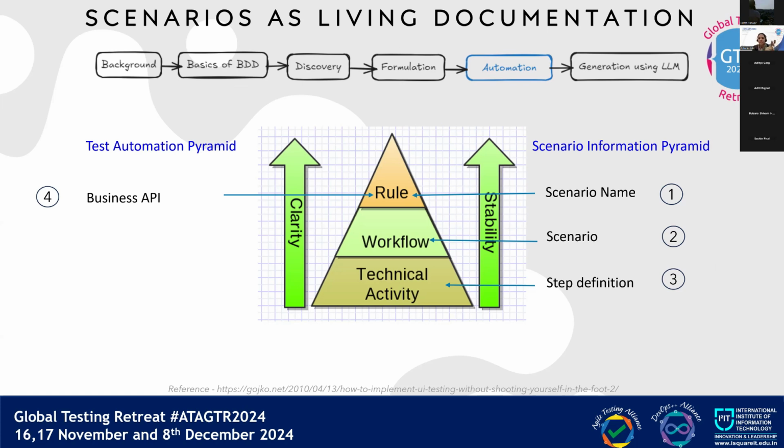You call it DSL or business API or keywords or keyword-driven approach or your action classes, right? It encapsulates the entire business behavior. So the name has to designate that functionality. The next comes your page objects, which closely interact with DOM elements. And the last layer is the DOM elements.